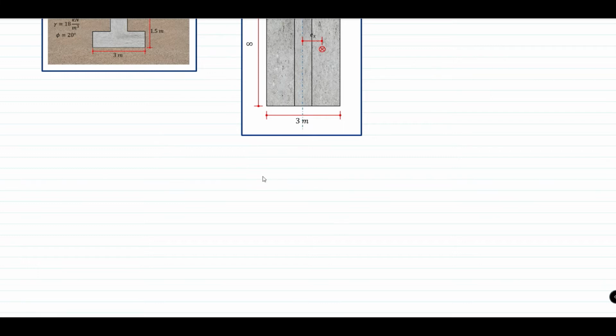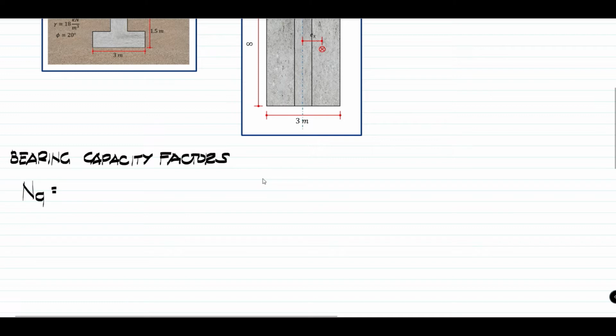So, getting the bearing capacity factors, we have here Nq is equal to e raised to pi tangent of phi times tangent squared of 45 plus phi over 2.